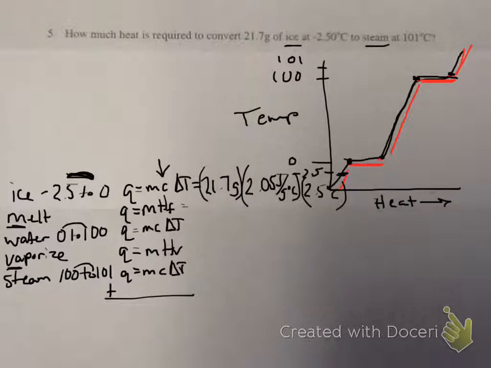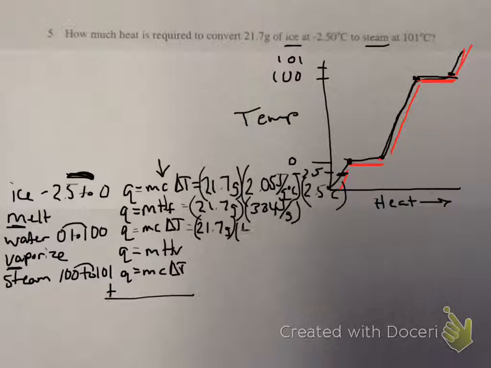Now, I'm just going to plug these in and do it all at once in my calculator. My mass is still 21.7. You can assume that we don't lose any mass. And the heat of fusion for water is 334 joules per gram. It's pretty high because it has very strong attractive forces. Then we have water, still 21.7 grams of water, which is the same thing as 21.7 milliliters.